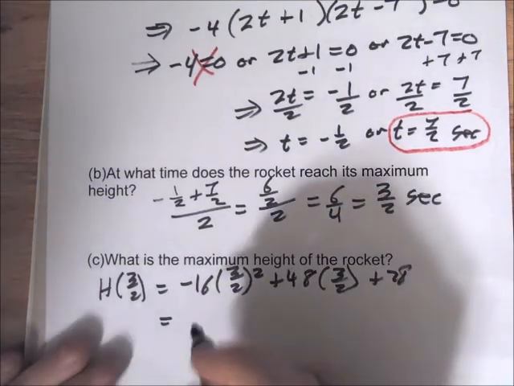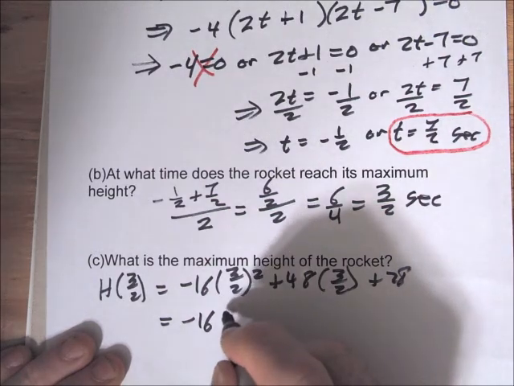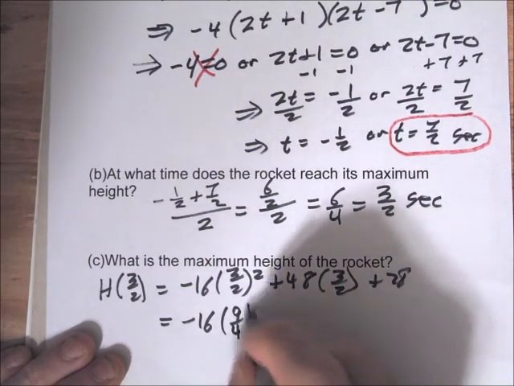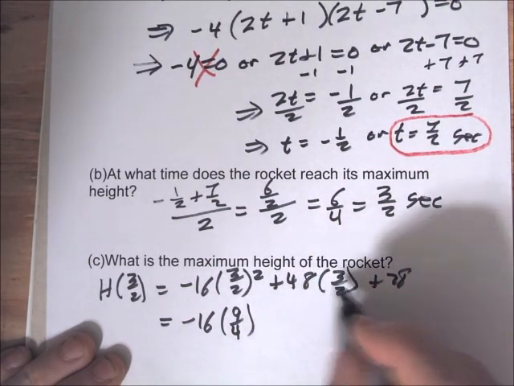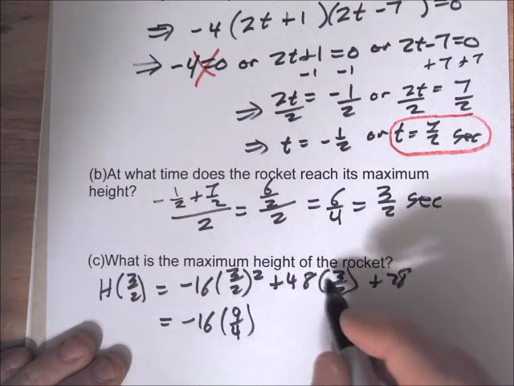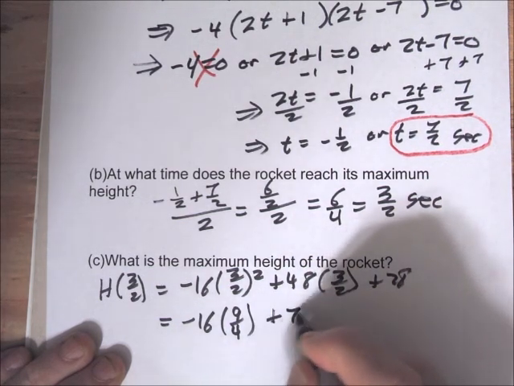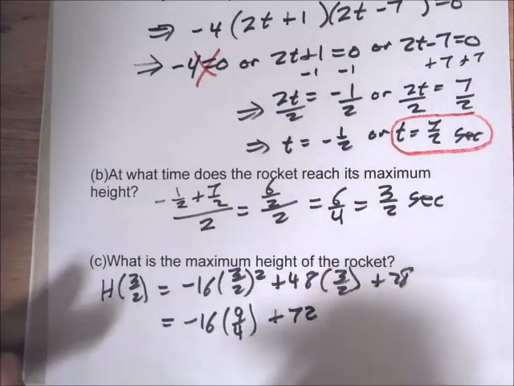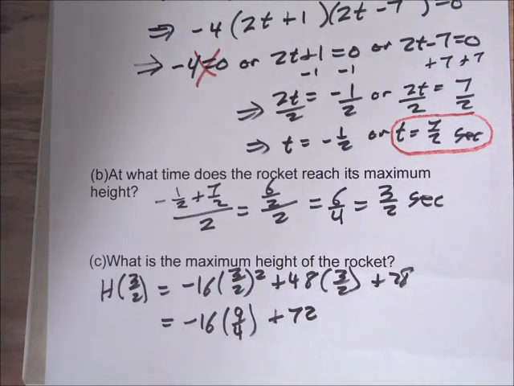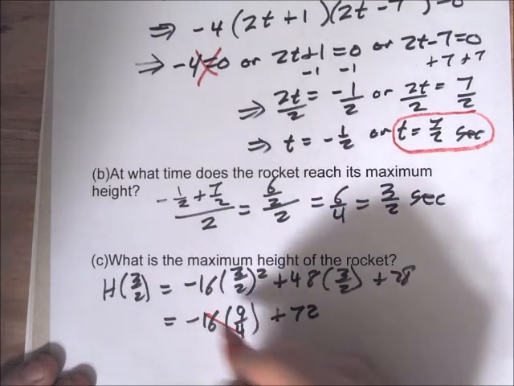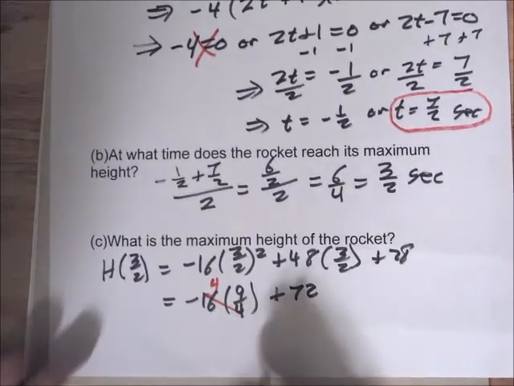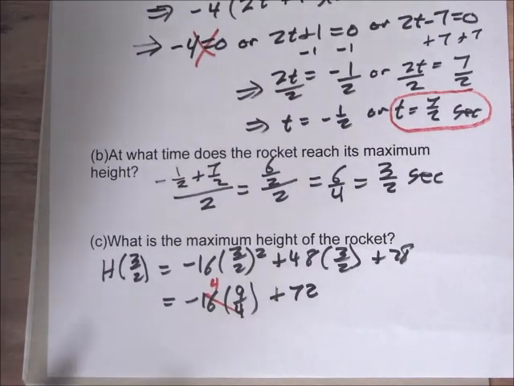So this is going to be -16 times 9/4. 2 into 48 goes 24. 24 times 3 is 72. 4 into 16 goes 4 times. 4 times 9 is 36.